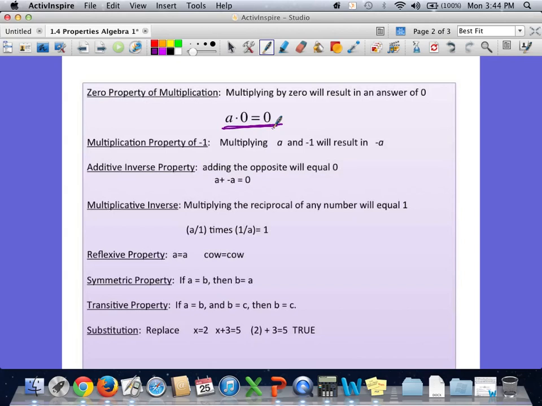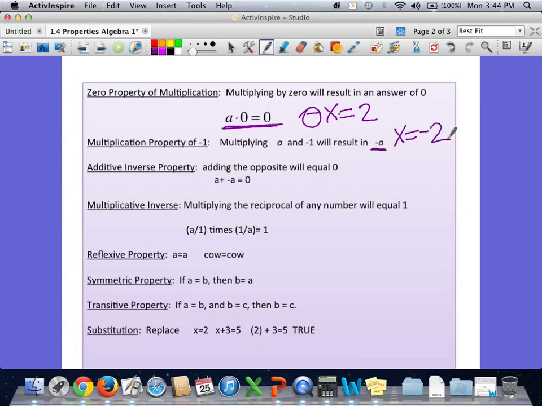Multiplication property of -1 really means that all you're going to do is multiply by a -1 to turn a negative variable positive. You do that when you end up with an answer that looks similar to this when you're solving equations. You have to get rid of this negative, so you're multiplying by a -1, so you'll end up with x is equal to -2.